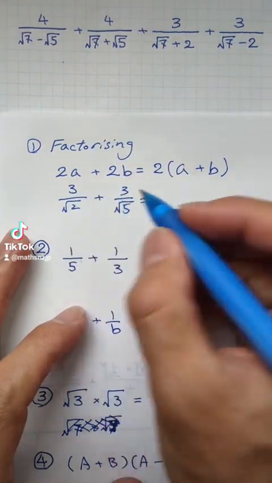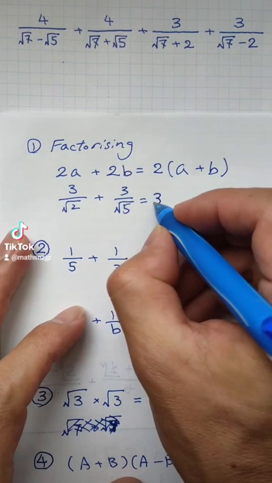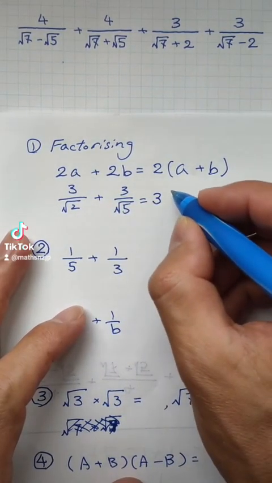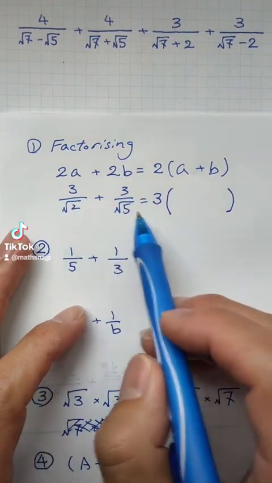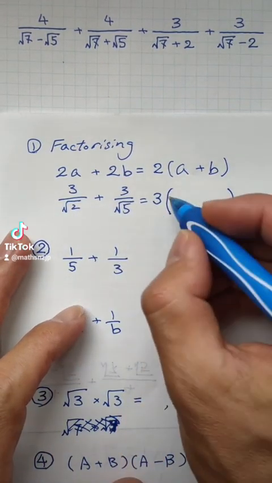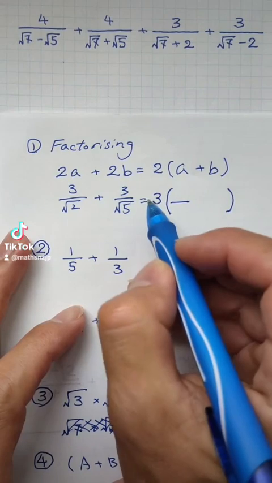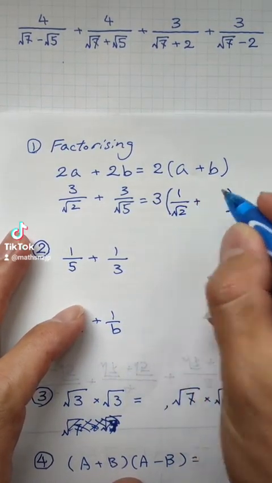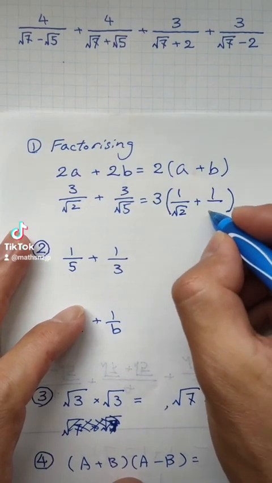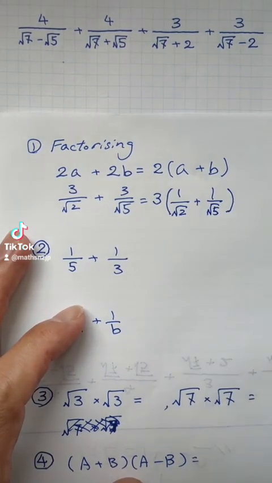There's the same number here, which is 3. Now all you have to do is this divided by 3, so the top number is 3 divided by 3 is 1, isn't it? Square root 2 plus 1 over square root 5.